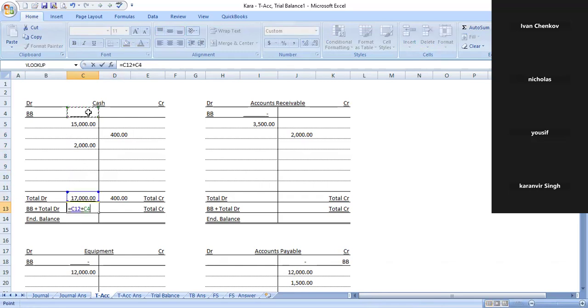Credit is going to stay the same. And the ending balance is going to be beginning balance plus the debit minus the credit. Make sense?